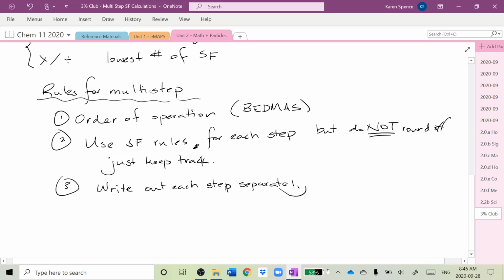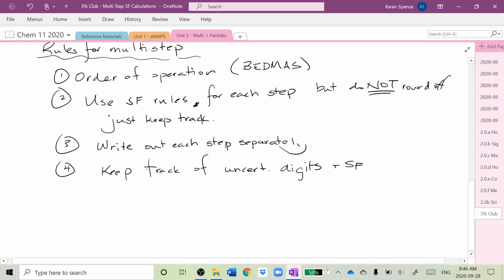Keep track of your uncertain digits and sig figs. So keep track of both. And then finally, you are going to round off only at the very end.